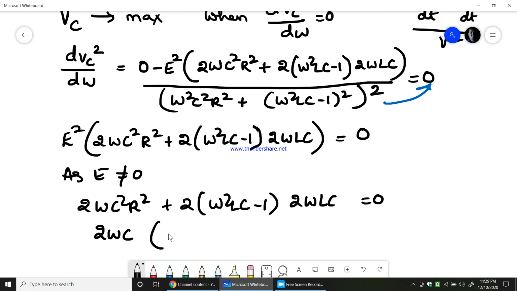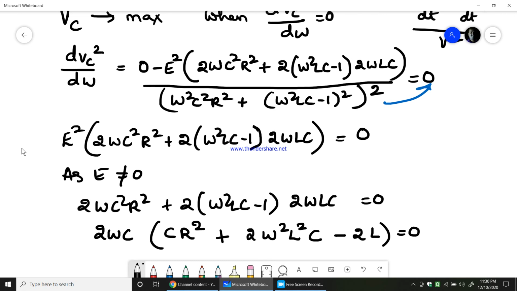I will get c into R square plus 2 omega square L square c minus 2L, which is equal to 0.